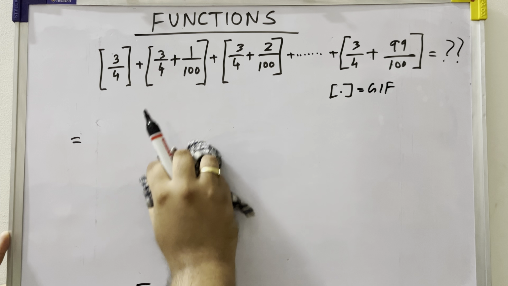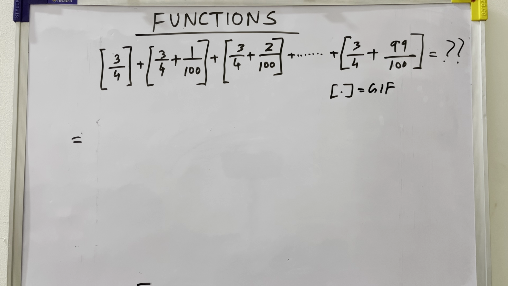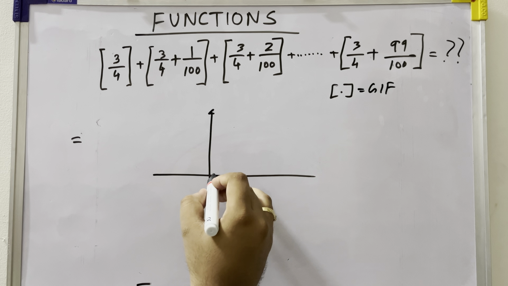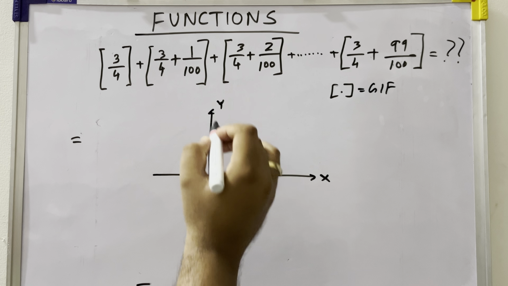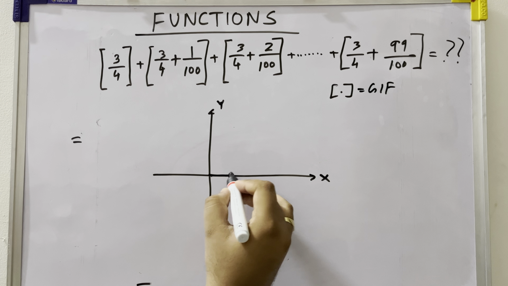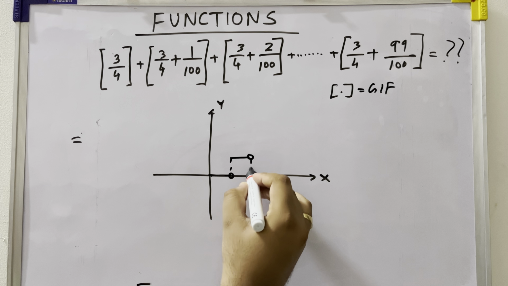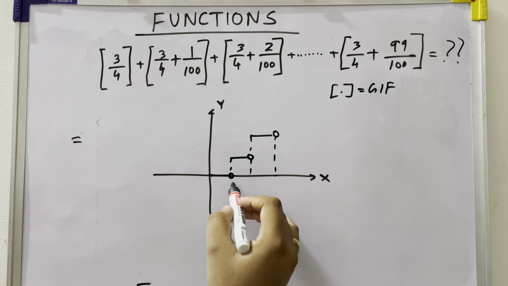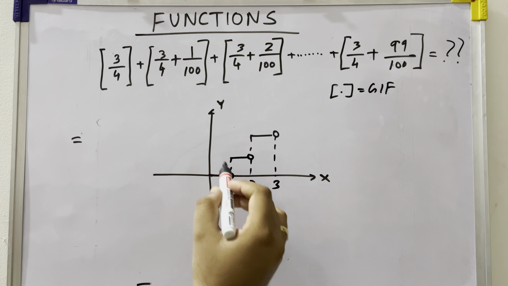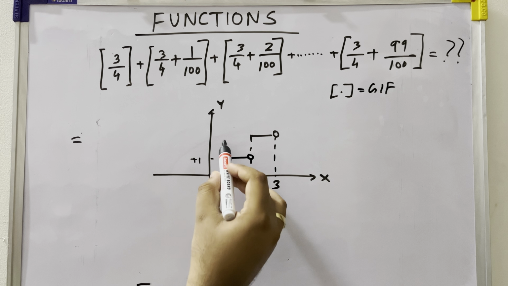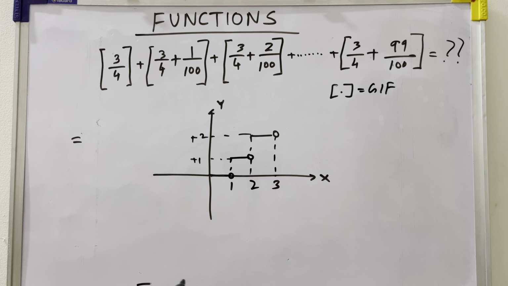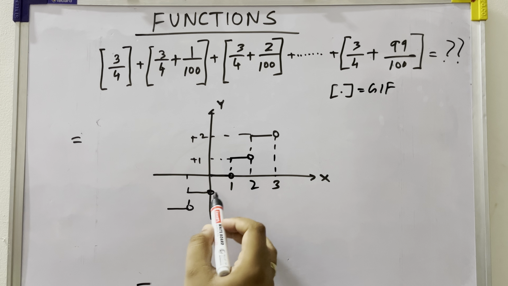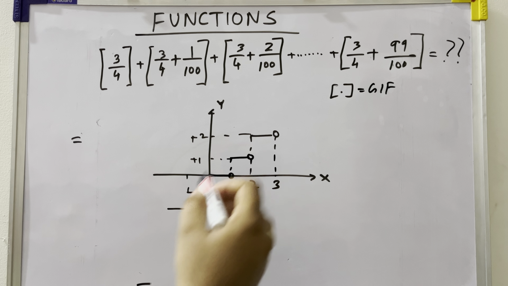This is the graph of y equal to greatest integer function of x. This is 1, this is 2, this is 3, and the corresponding values are 1, 2, and similarly on this side it takes minus 1, minus 2 and so on.